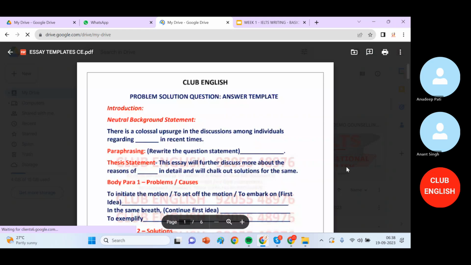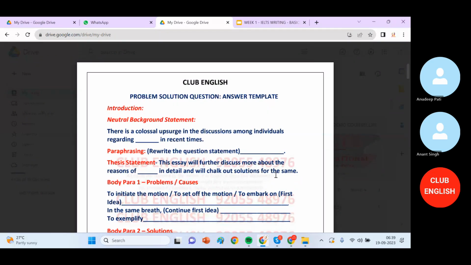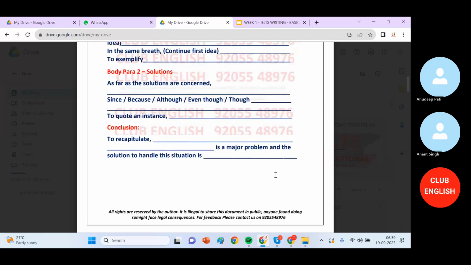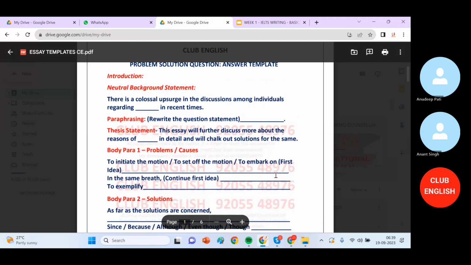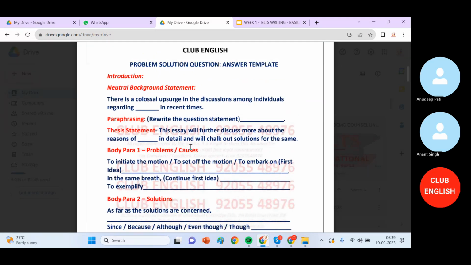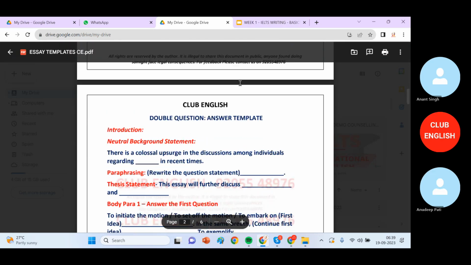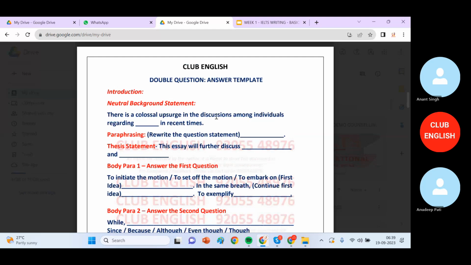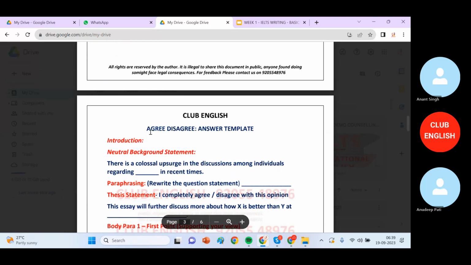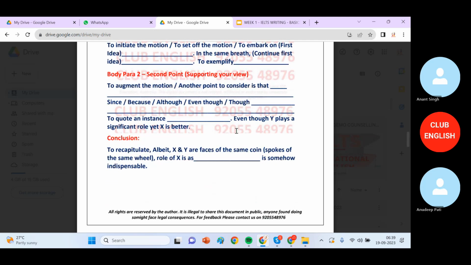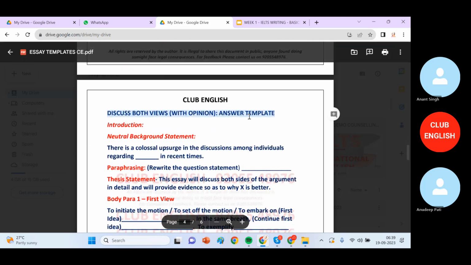Can you see the template? Yeah, it's visible. Okay, I'll be sharing this on your mail also. There are various types of questions in IELTS. The first one is problem solution. The second is double question. The third is agree, disagree. The fourth is discuss both views with opinion.